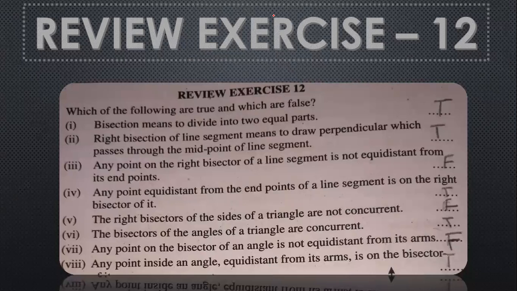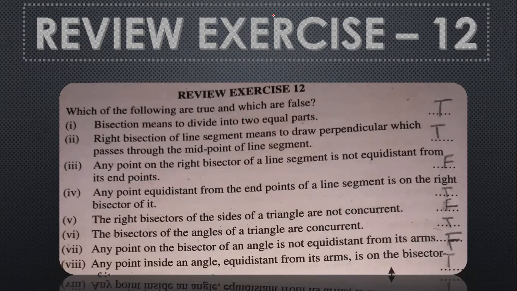Definitely true. This is the definition of bisector, and also the statement of theorem 1. Any point on the right bisector of the line segment is not equidistant from its endpoints. This is false, because they are equidistant from its endpoints. Any point equidistant from the endpoints of the line segment is on the right bisector of it. Yes, because this is the statement of the second theorem.